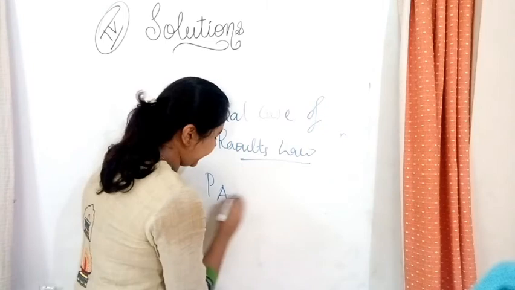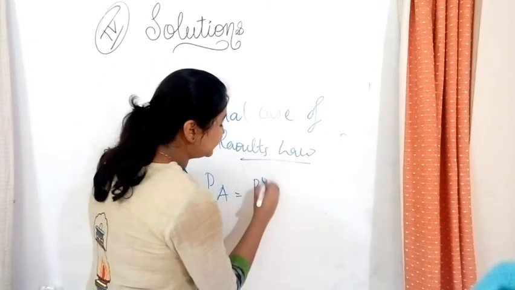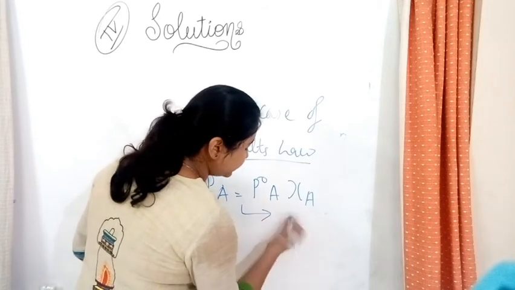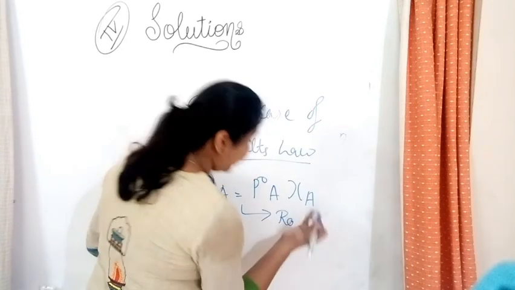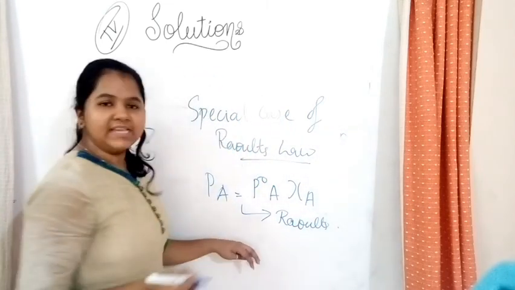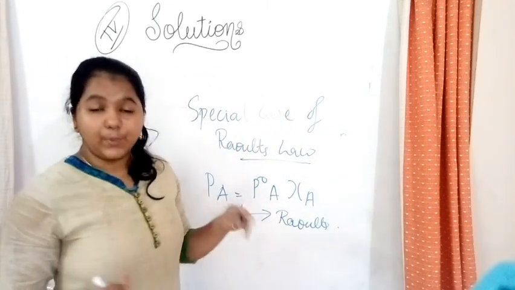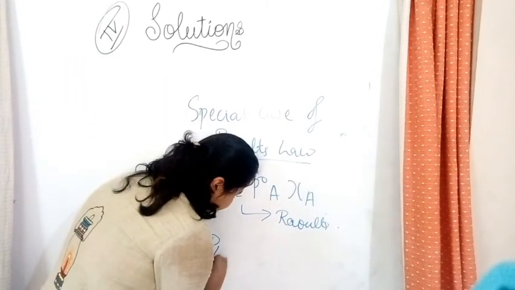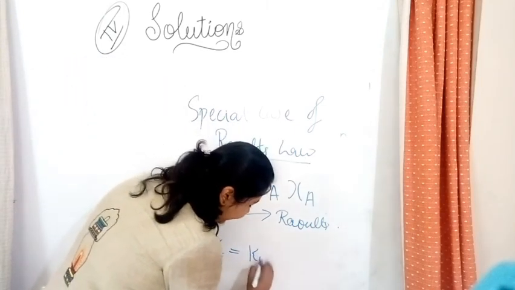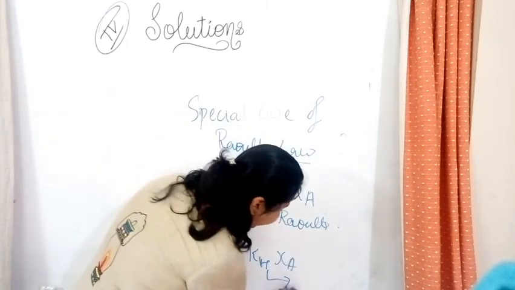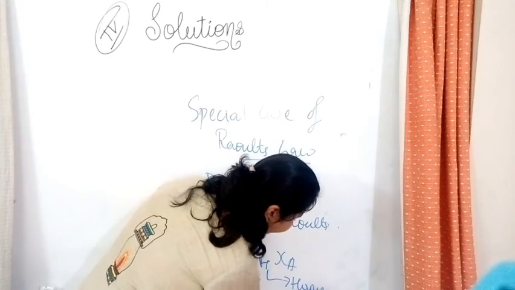PA is equal to P0A into chi A. So this is according to Raoult's law. The next one, let's see the Henry's law equation. So what is that? That is also PA is equal to KH into chi A. That is Henry's law equation.